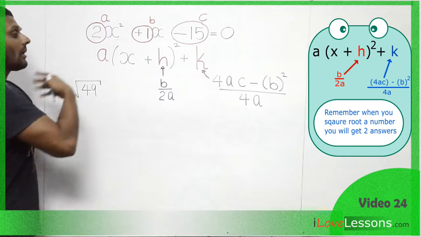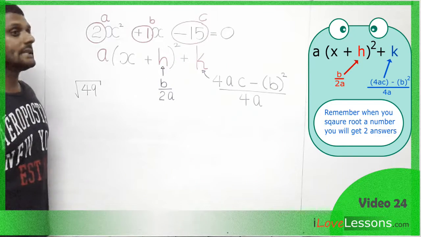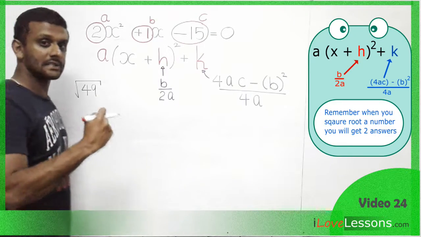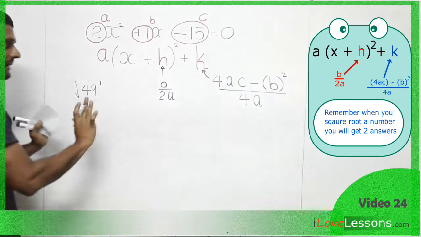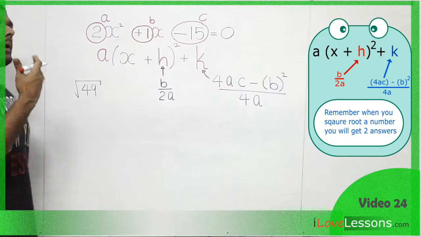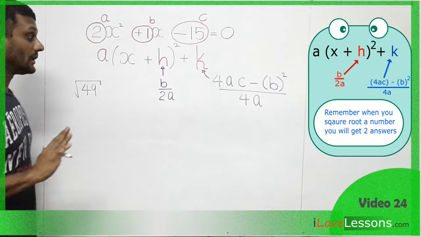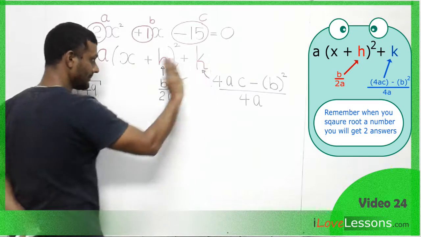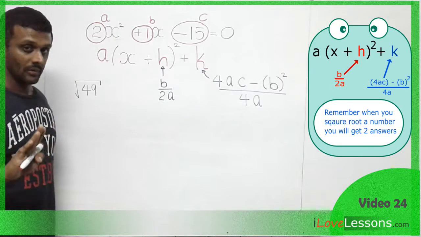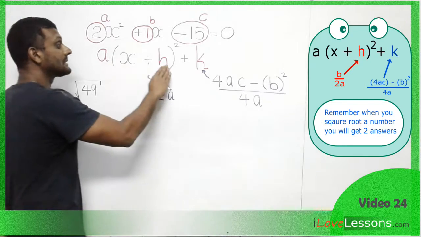Now, on the upper right hand corner, you will see the formula on how to express a quadratic in its vertex form. I just rewrote the formula here. Now, when you have to express a quadratic in its vertex form, your job is to find a, h, and k. Now, in different exams, they can use different letters.